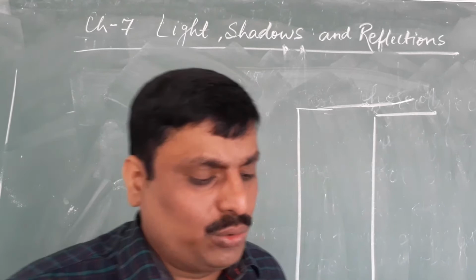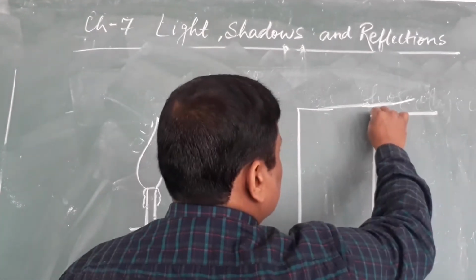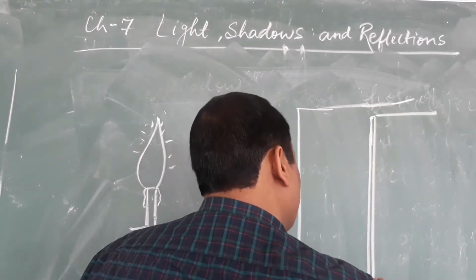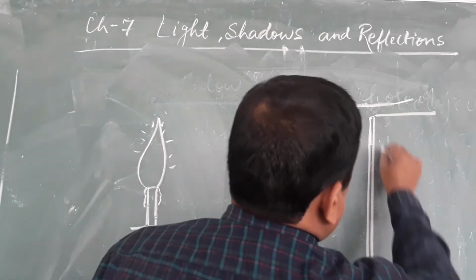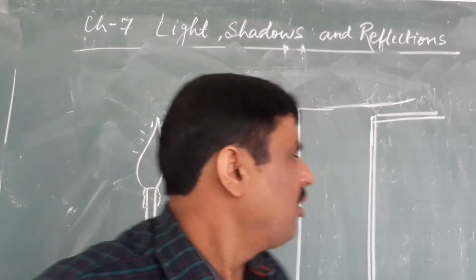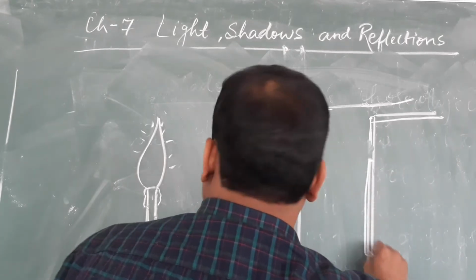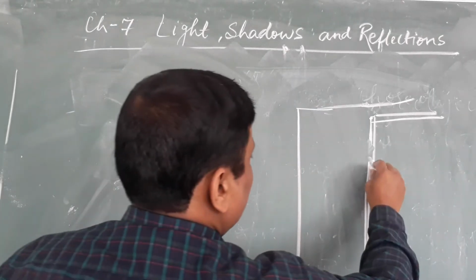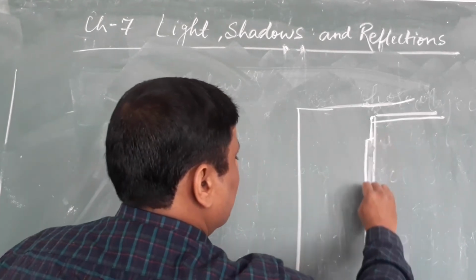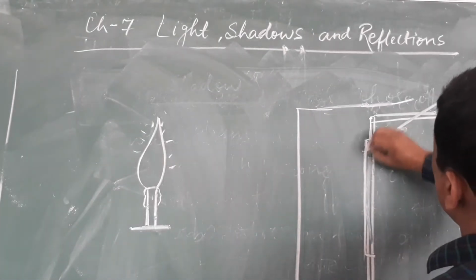With the help of these two, use tracing paper to form the image on this second cardboard. Or you may keep a small piece of tracing paper here and paste it, looking at the size of the burning candle. Mention and label this tracing paper. Here this one is tracing paper.